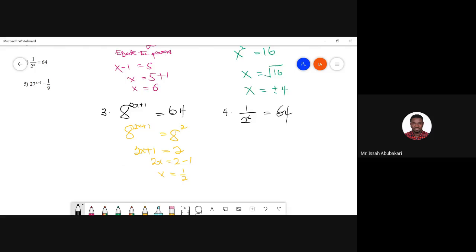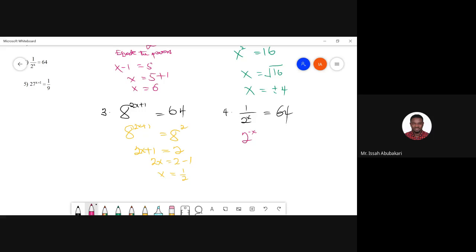So I believe this shouldn't be a problem here. So how do we write 1 divided by 2 exponent x? This can be written as 2 exponent minus x, right? 1 divided by 2 exponent x is the same as 2 exponent minus x.